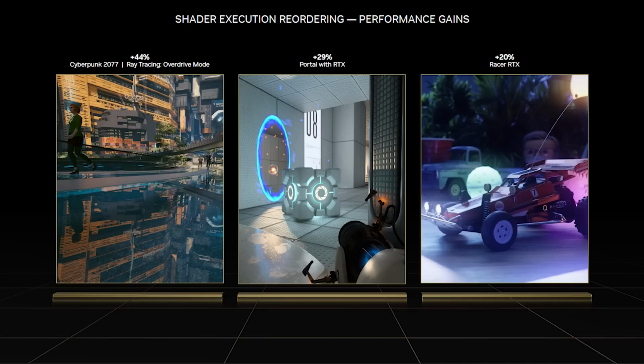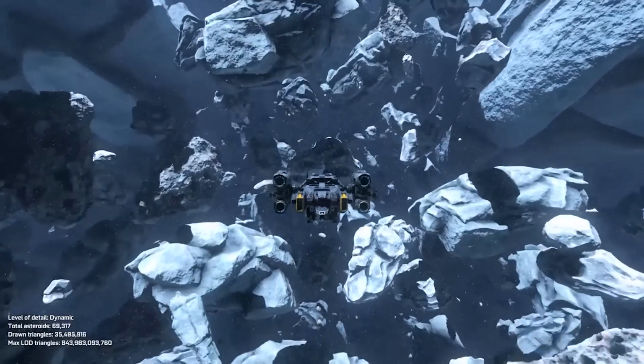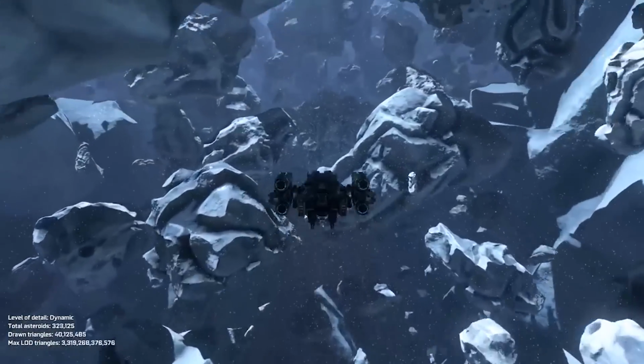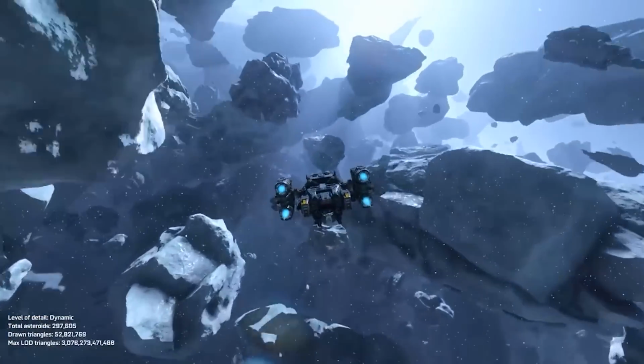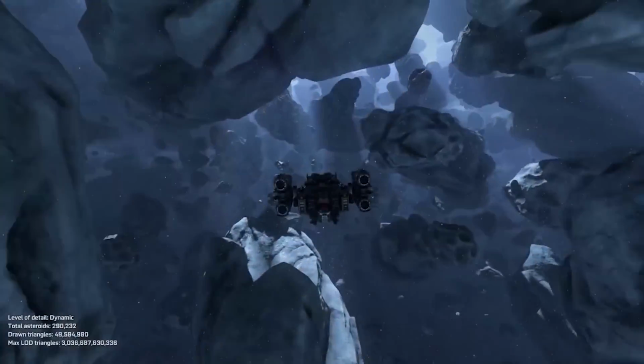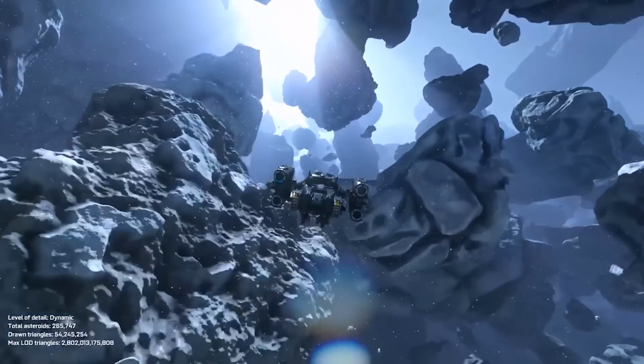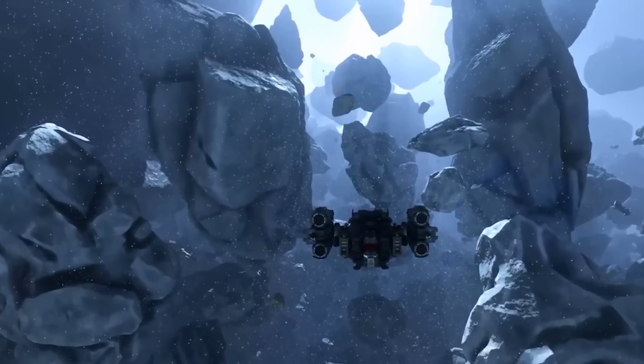If you've had your ear to the ground for a few years in graphics, you'll know the buzzwords such as mesh shaders have been thrown around a lot since DirectX 12. Actually, to be fair, Nvidia pushed this before DirectX 12, and now mesh shaders are even part and parcel of Vulkan as well.